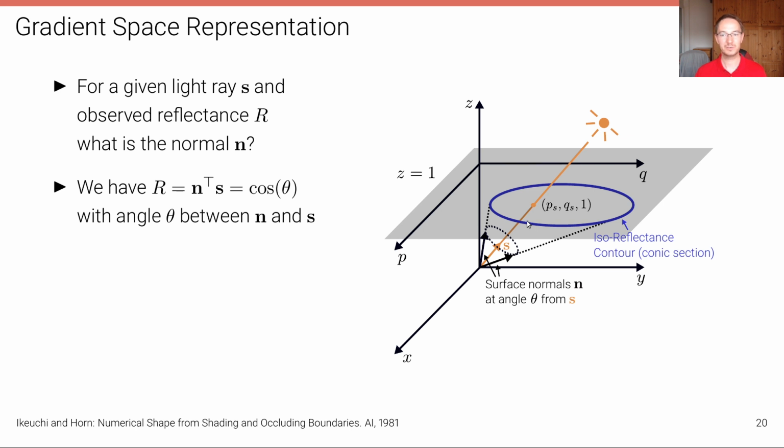So the space of possible normals in the PQ representation lies on a conic section, or in this case, an ellipse. Any point on that ellipse, or equivalently, if I normalize it to a unit normal vector, any normal that lies on that circle here, is a solution to the shape from shading problem for that particular pixel.